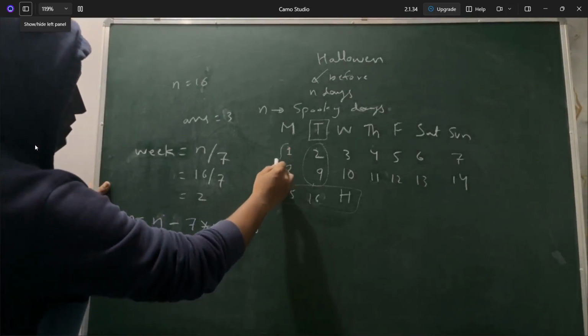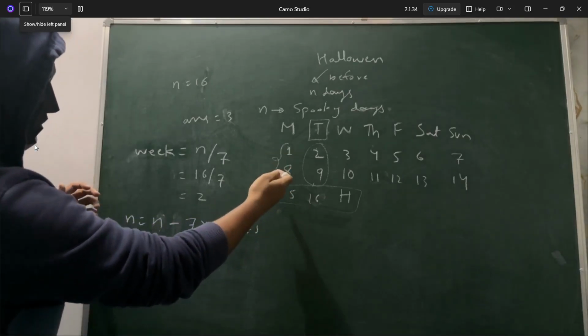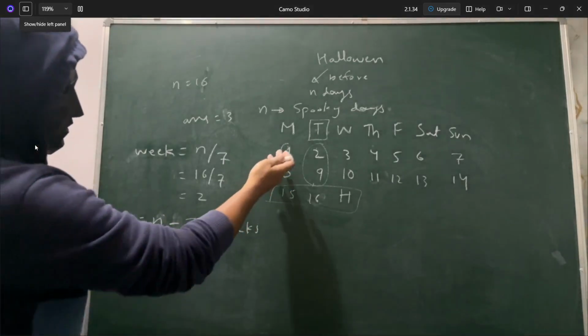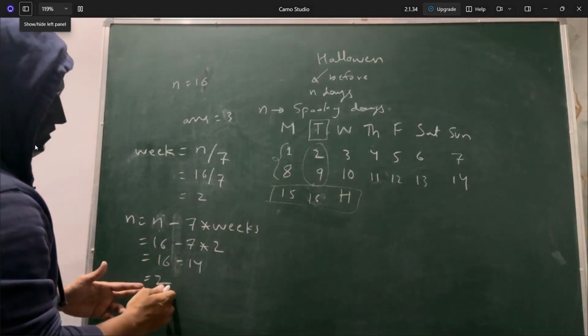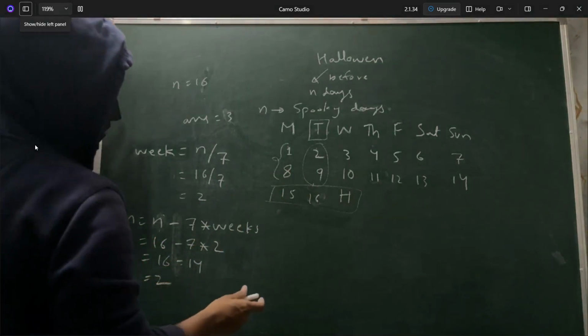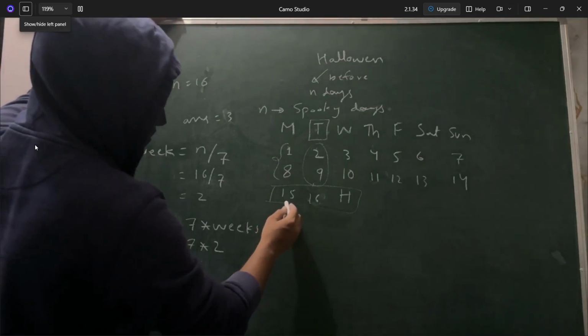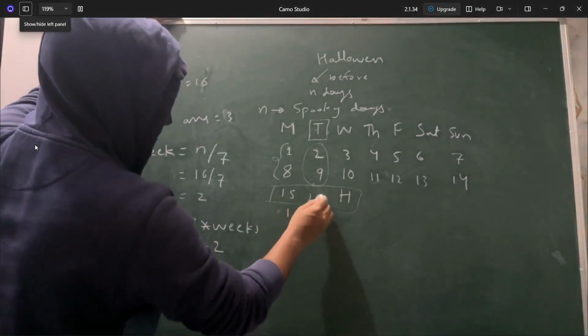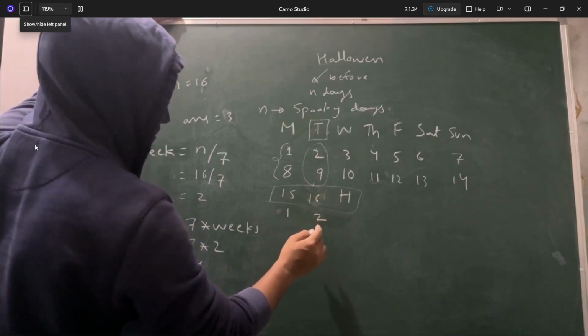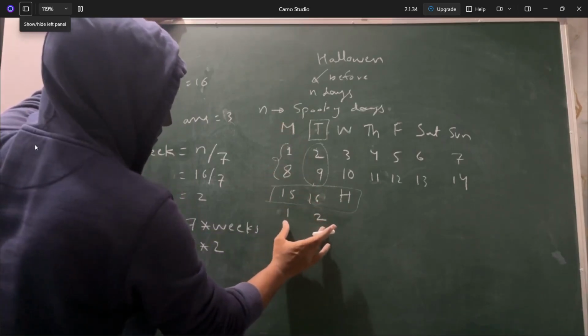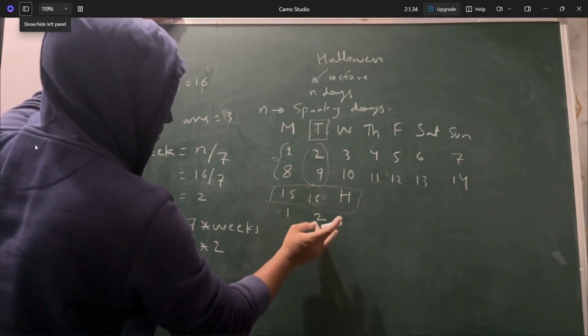So we have 2 complete weeks, and even after 2 complete weeks, 2 days were remaining, right? So if you put 15 as 1 and 16 as 2, after 2 weeks we had 2 days. So this is day 1 and this is day 2.